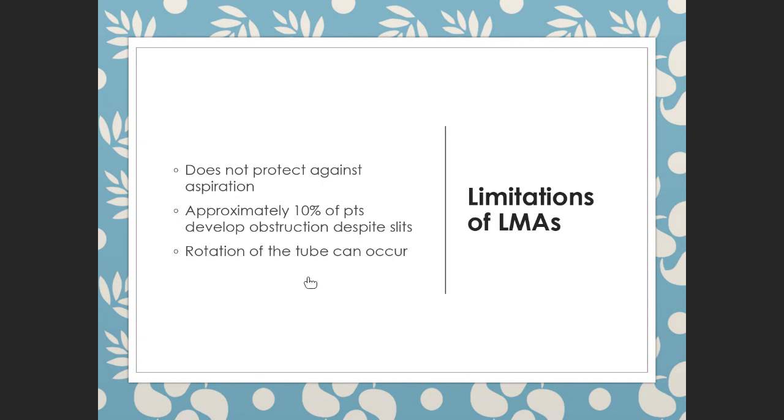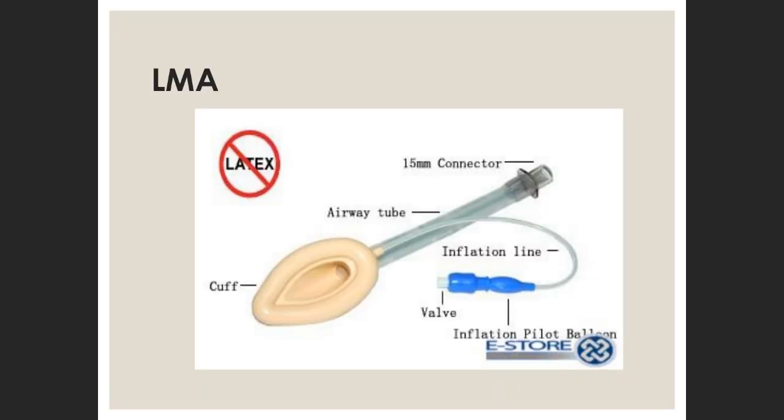In some patients, about 10%, you'll get obstruction, and the tube just won't sit sometimes. Maybe it's the patient's anatomy, maybe it just does not sit, and therefore you cannot use it all the time.